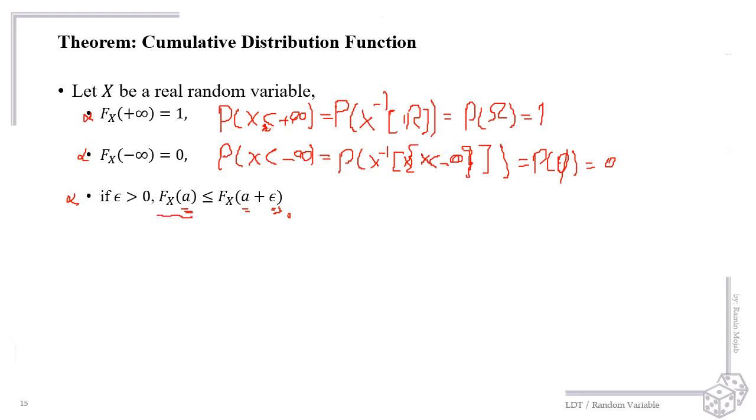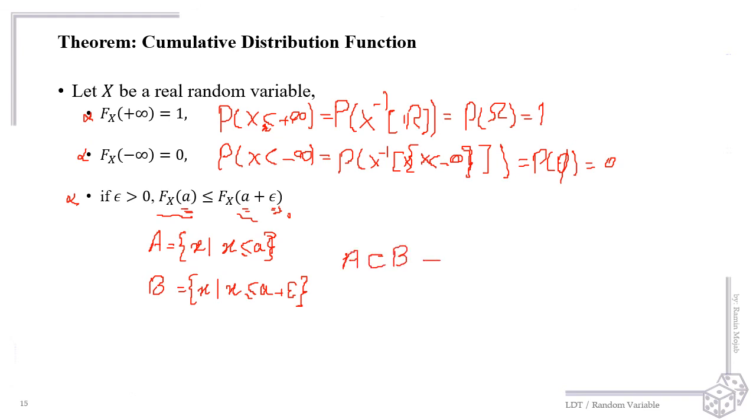Here we have A, the set of x such that x is less than or equal to a, and we have B, the set of x such that x is less than or equal to a plus a positive number, and we know that A is a subset of B, and therefore the probability of A is equal to or less than the probability of B.